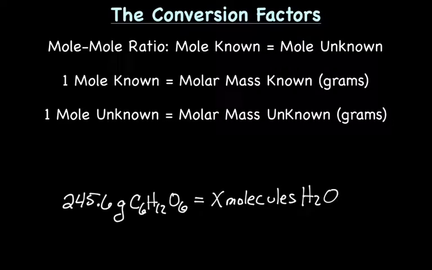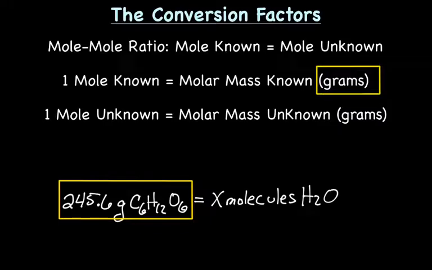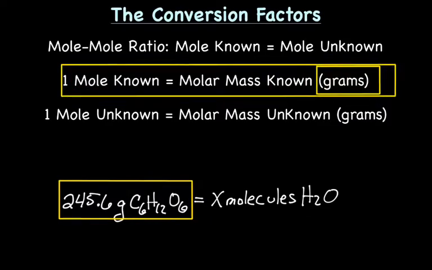All right, so we're starting with grams of C6H12O6, right? So that's our known, and we're at mass, which is here, grams, right? So we're going to start by using this guy. 1 mole of our known equals molar mass of our known. That will bring us to grams of our known.